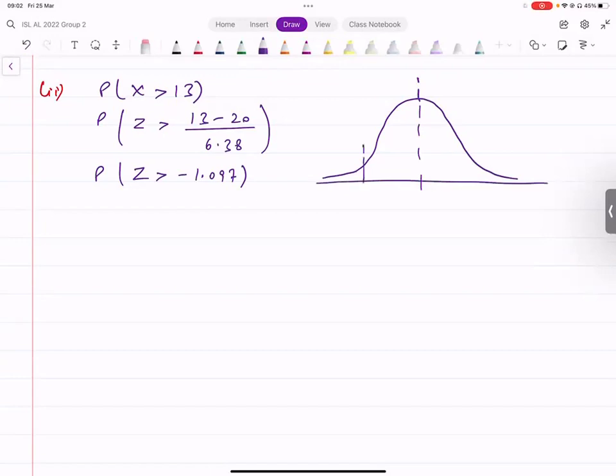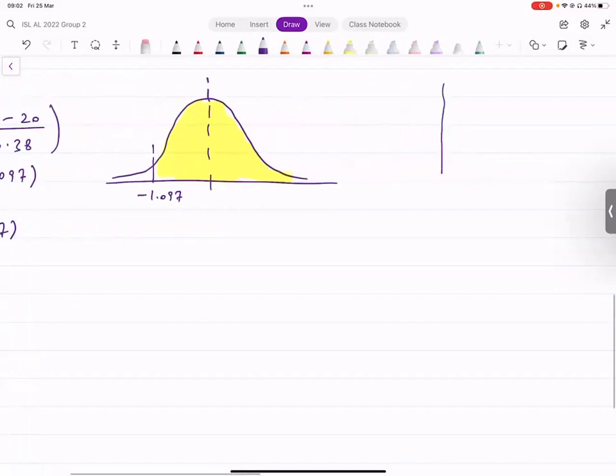So basically इधर आ रहा होगा minus 1.097. इसके right side वाले area ये आपको figure out करना है. ठीक है, अब ये तो हम table से नहीं देख सकते. So what we do for this is we just flip this. This area is the same as saying z less than 1.097.